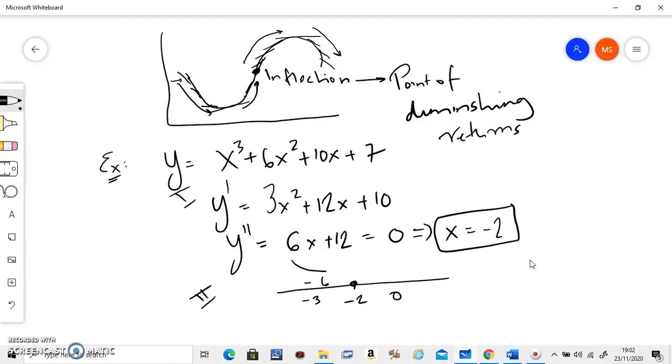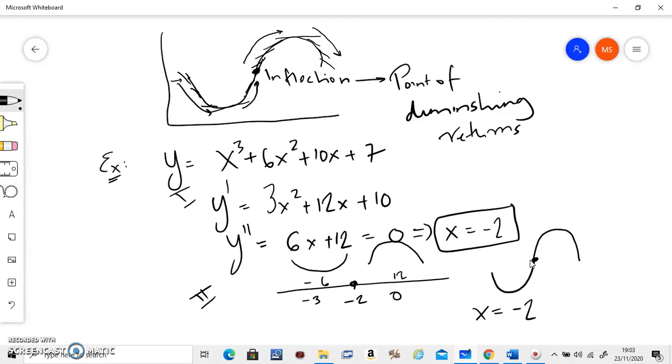It means the graph is concave down here. And if you plug in 0, you get 12. So the graph is concave up here. So it means it's concave down, then concave up. That proves that this point is the inflection point. Hence, you conclude that x equals negative 2 is the point of diminishing returns.